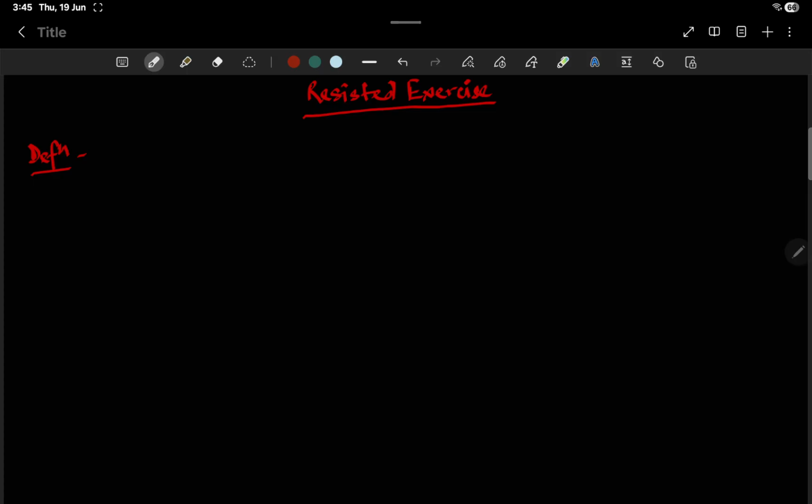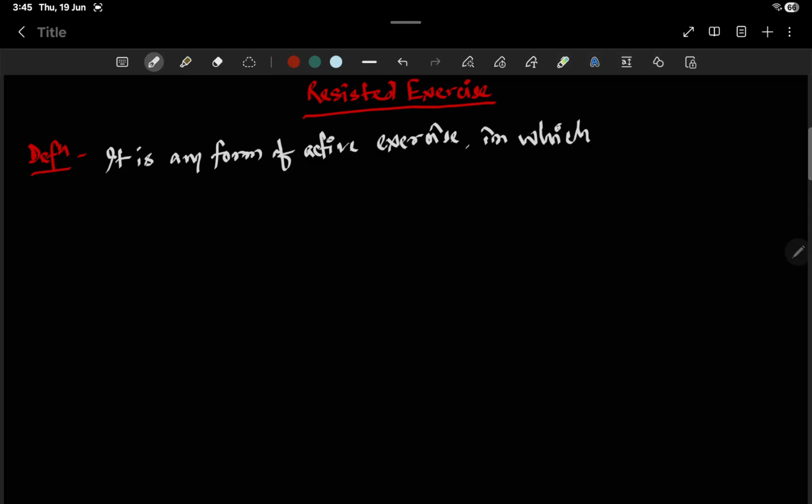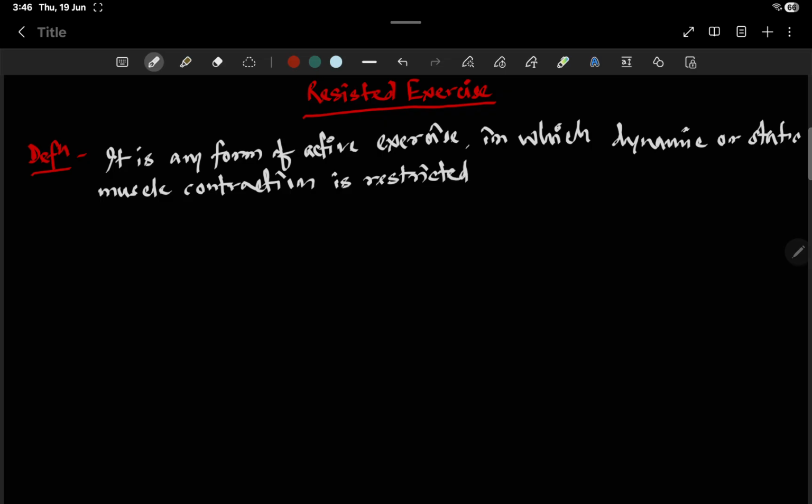Resisted exercise is any form of active exercise in which dynamic or static muscle contraction is restricted.